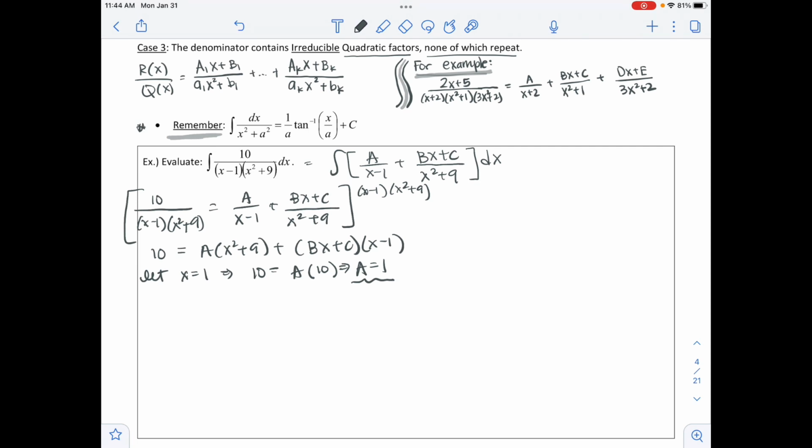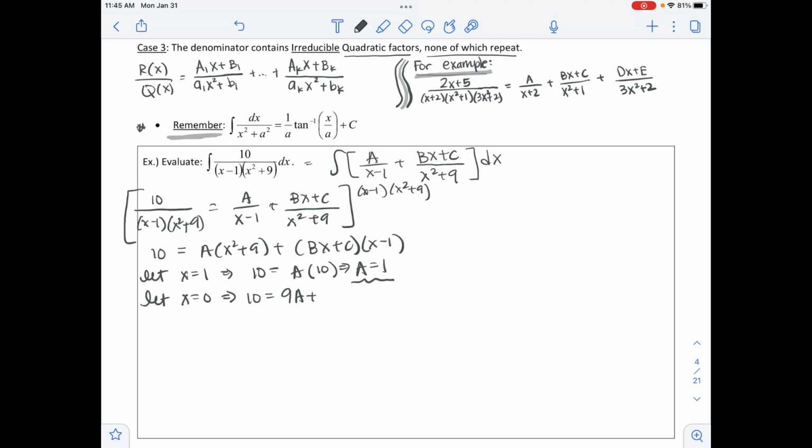Next thing I can do, we did this before where we would let x equal another value, but I'm stuck with the fact that I won't be able to substitute in 3 or negative 3 to cancel out that other term because it would never sum to 0. So I'm going to select another value for x just to see if I can get another one of these constants that we have. I'm just going to say let's let x equal 0. That's usually a nice one to select. And so if I do this, I get 10 equals, and then 0 squared plus 9 is 9, so 9a, plus now since x is 0, bx would be 0 also.